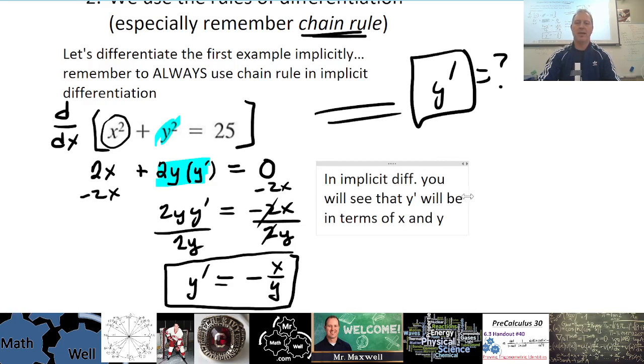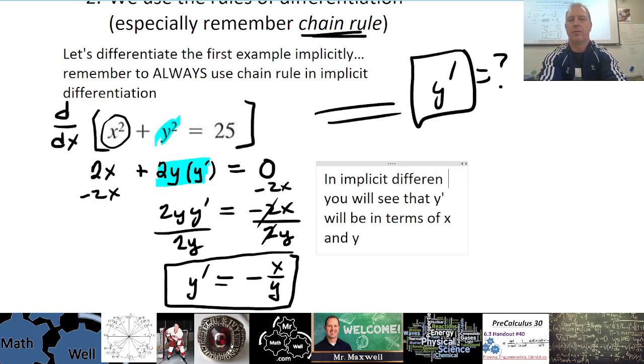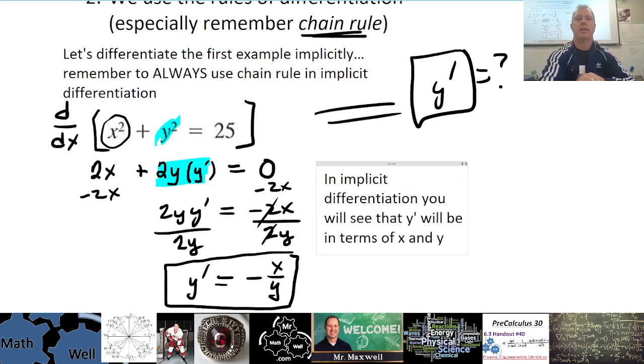I think that happens all the time, it's going to have x and y on the other side. So in implicit differentiation, you will see that y prime will be expressed in terms of both x and y. Okay?